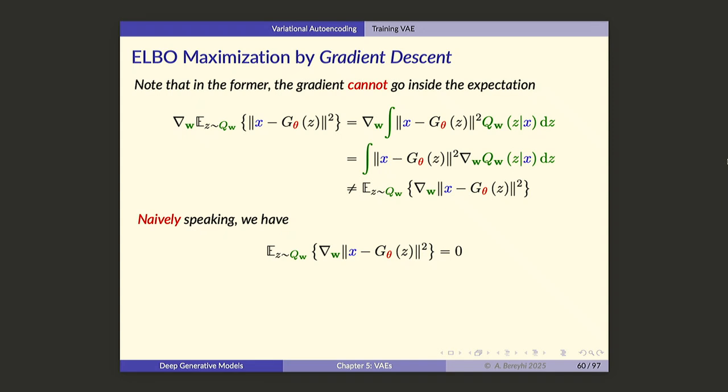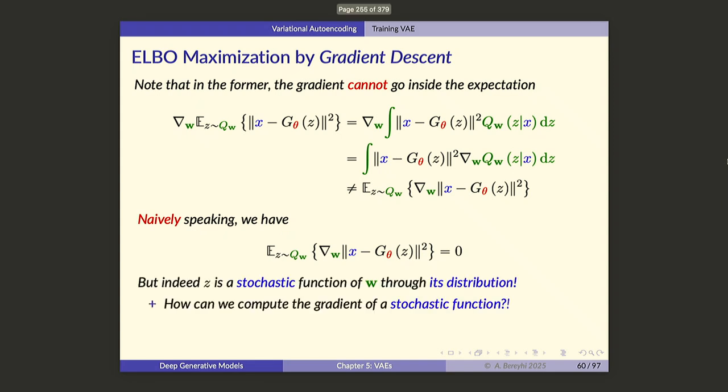What is happening here is that the sample z depends on w, because it's coming from a distribution depending on w. But it is not a deterministic function of w. It's a random function of w, and we don't know exactly how to take the derivative of a random function with respect to some particular variable.